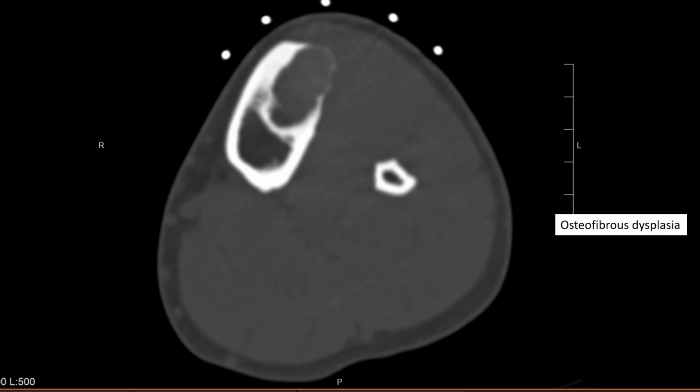So same patient, here's the tibia, here's the fibula, and notice it is almost entirely intracortical. And even though it's trying to get out of the bone, there is a shell of cortical bone at the periphery of the lesion. Again, something that should make you sleep better at night.